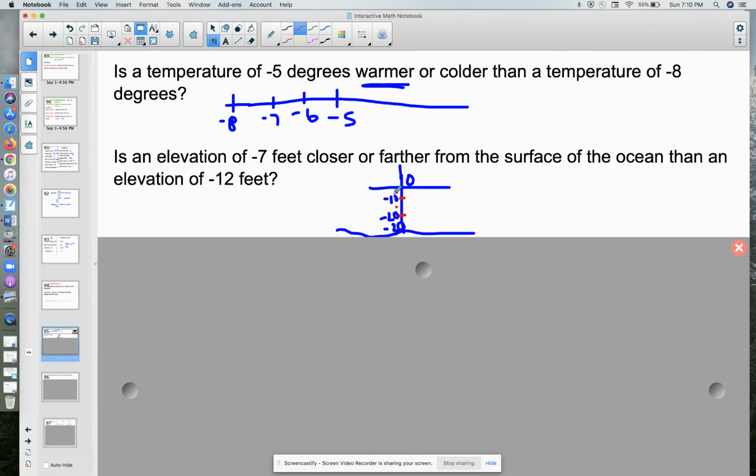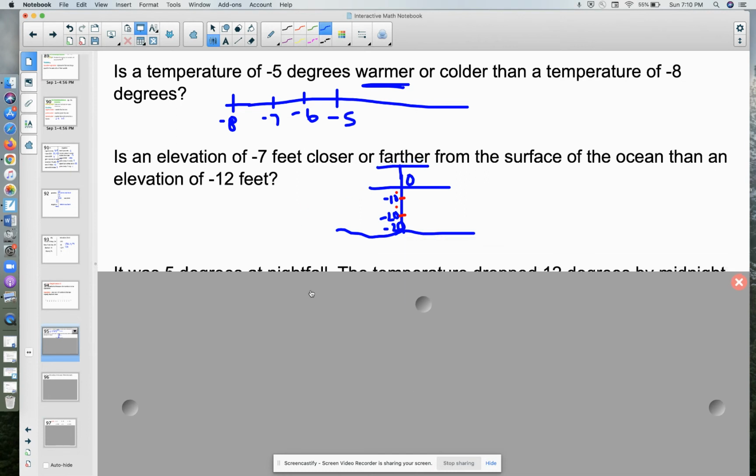So is negative 7 closer or farther from the surface of the ocean than 12 feet? It's farther, right? Because negative 12 is closer, negative 7 is farther. Right? So pause the video and see if you can figure out the answer, then unpause it. So it's farther from the surface of the ocean.